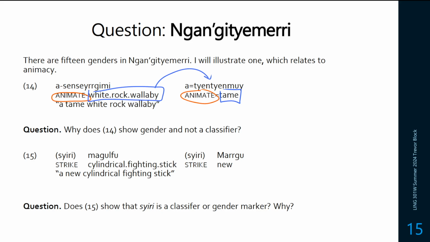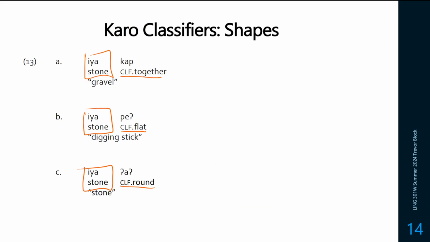One important thing to mention here is that this is appearing on the adjective. Well, if we take a look at classifiers, these are usually their standalone words.